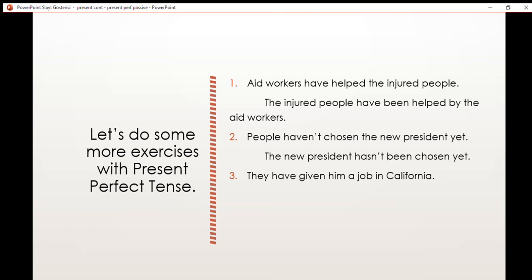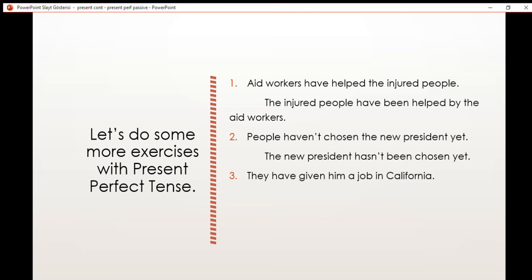So anyone can help, and anyone could have helped them. But in the second sentence, the new president hasn't been chosen yet. Who chooses presidents? People. There is no other way. So then we say the new president hasn't been chosen yet.